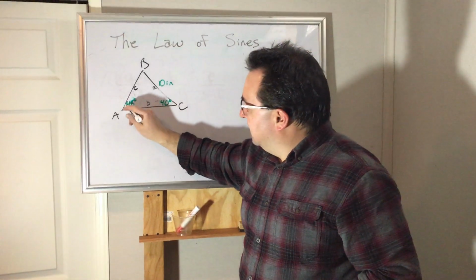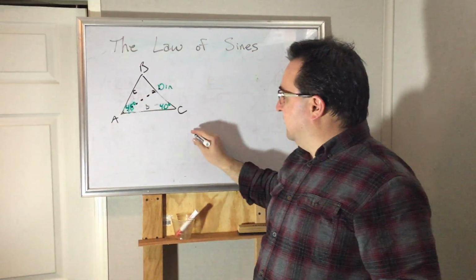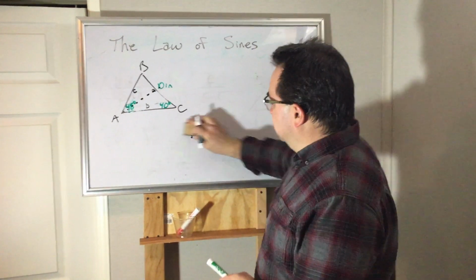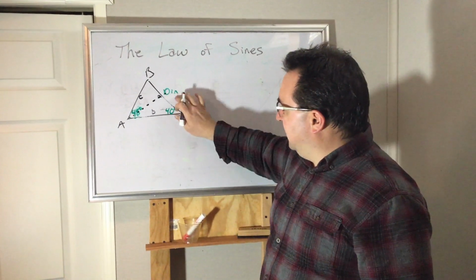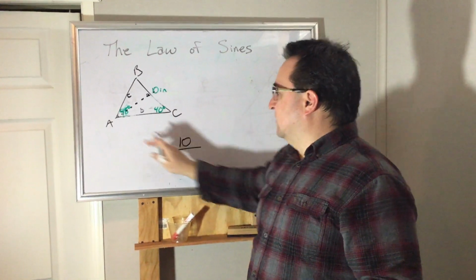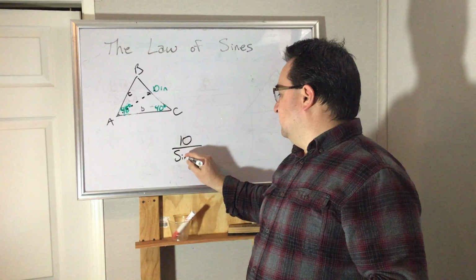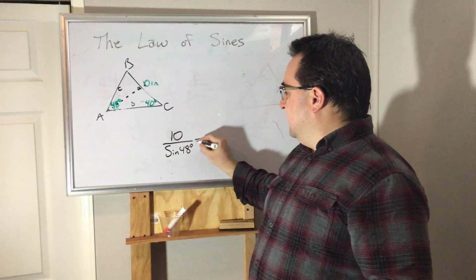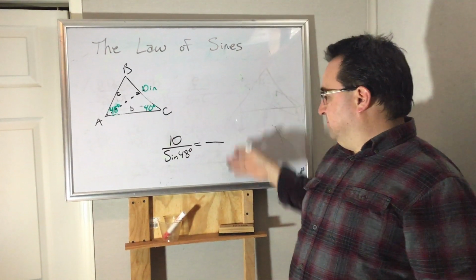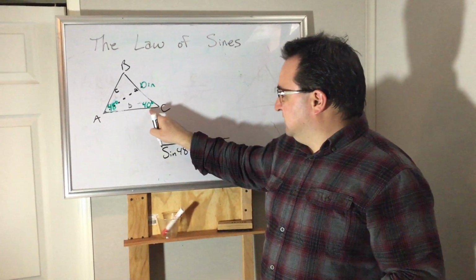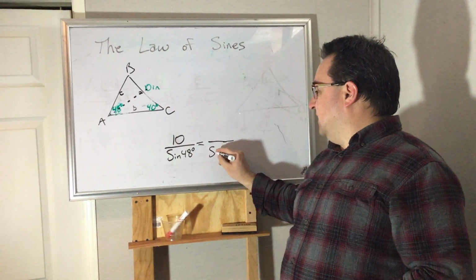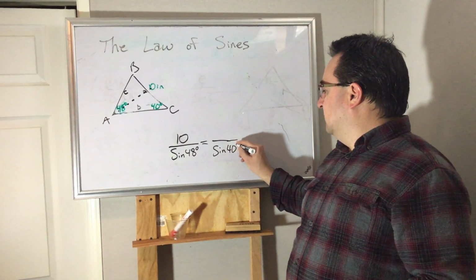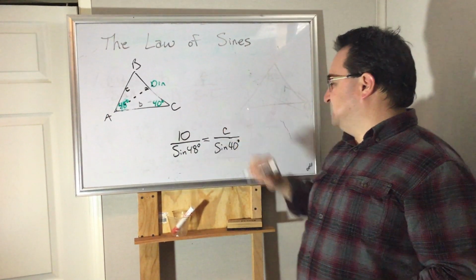You think, all right, I have this opposing pair, so that's a combo that goes together. So I'm going to do 10 over sine of 48, because that's an opposing pair in that fraction, and that has to equal another opposing pair. So in this case, I know sine angle C, but I don't know side C.